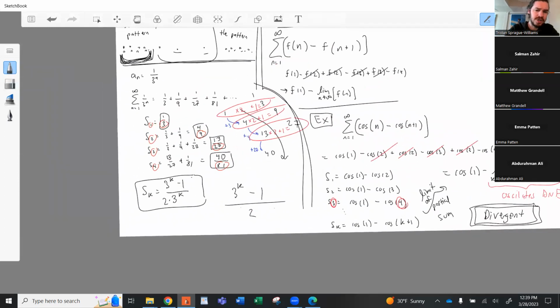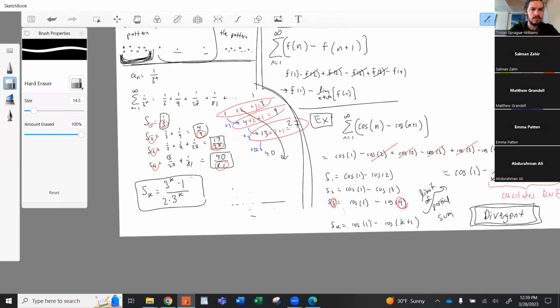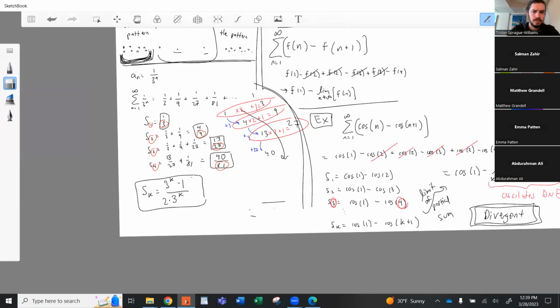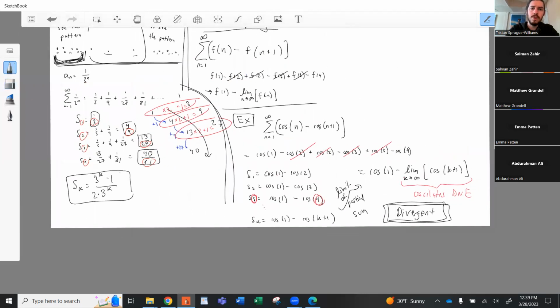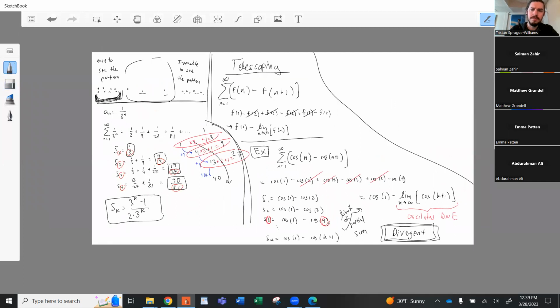Oh, I just realized we never finished this one. I moved on to the telescoping one, but that was a little bit preemptive.